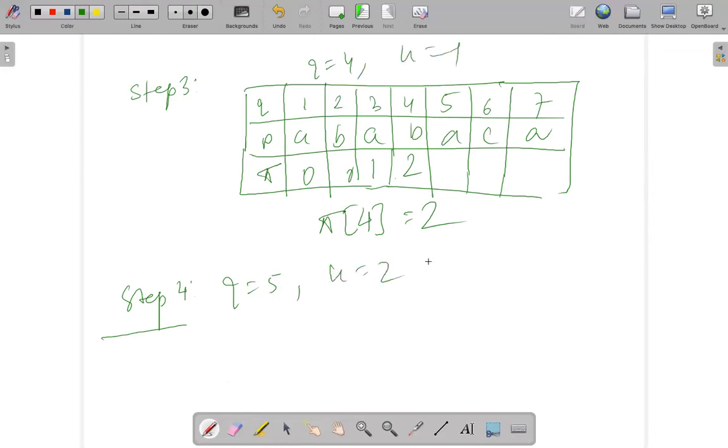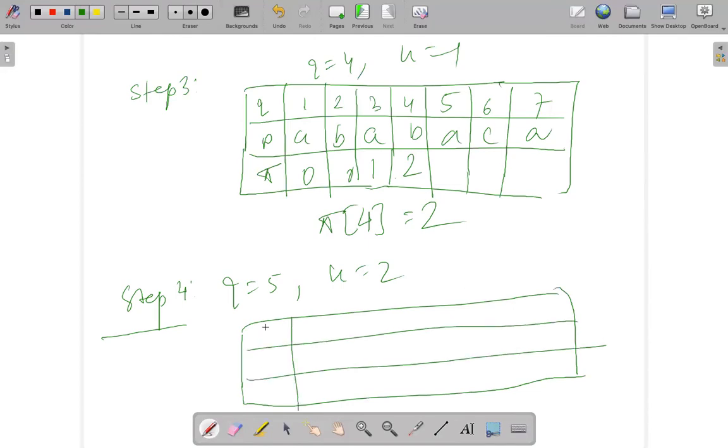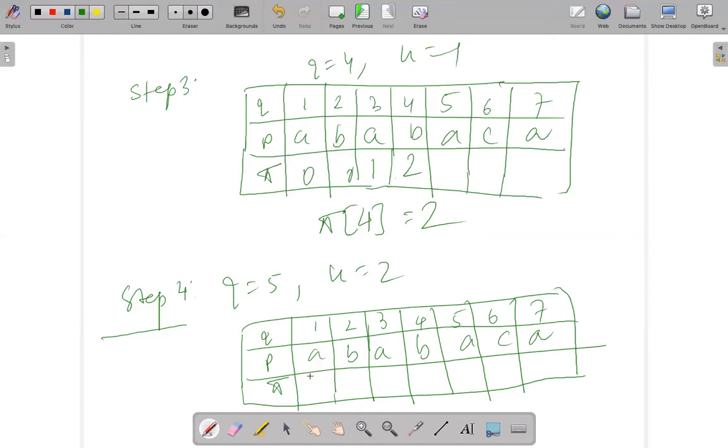Q is 5, k has become 2, and now this becomes 3. At this point, pi 5 is equal to 3.